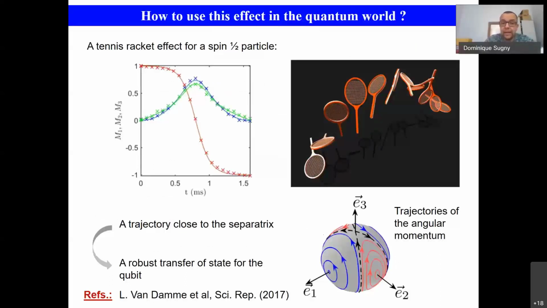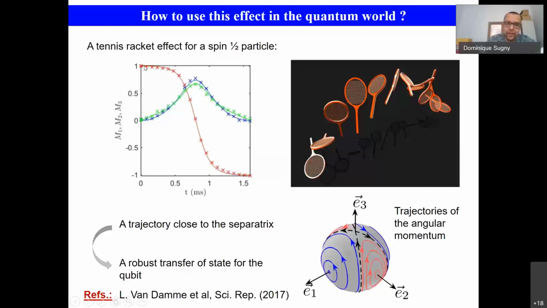So it's possible to realize this and to make some experiments. This experiment was done 4 years ago in the group of Steffen Glaser in Munich, for the control of a spin 1/2 particle. Here we plot the time evolution of the coordinates of the magnetization vector.